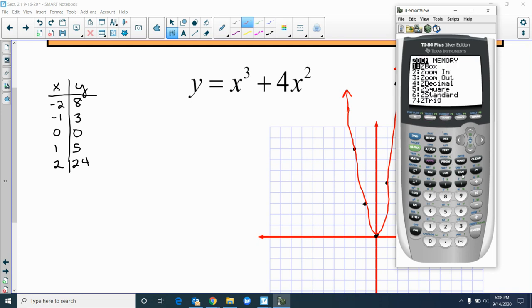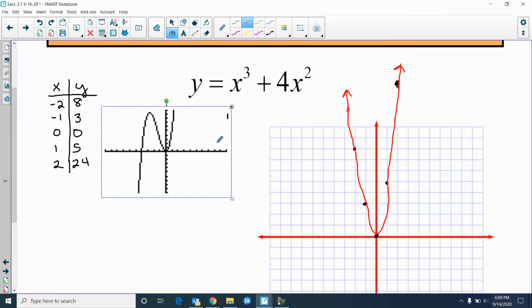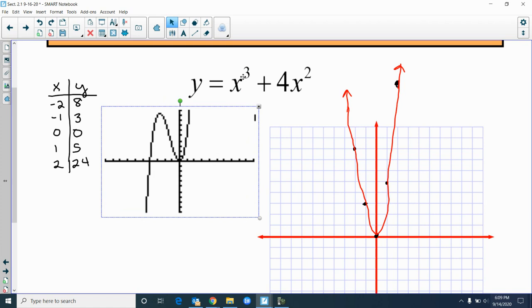I'm going to go zoom 6. All right, there's the actual graph. Now, I'm sure many of you would have figured out it's a cubic, so there's got to be more going on than just what I see here. But plugging in -2, -1, 0, 1, and 2 is rarely, as we move up in math, going to be enough to figure out exactly what's going on.